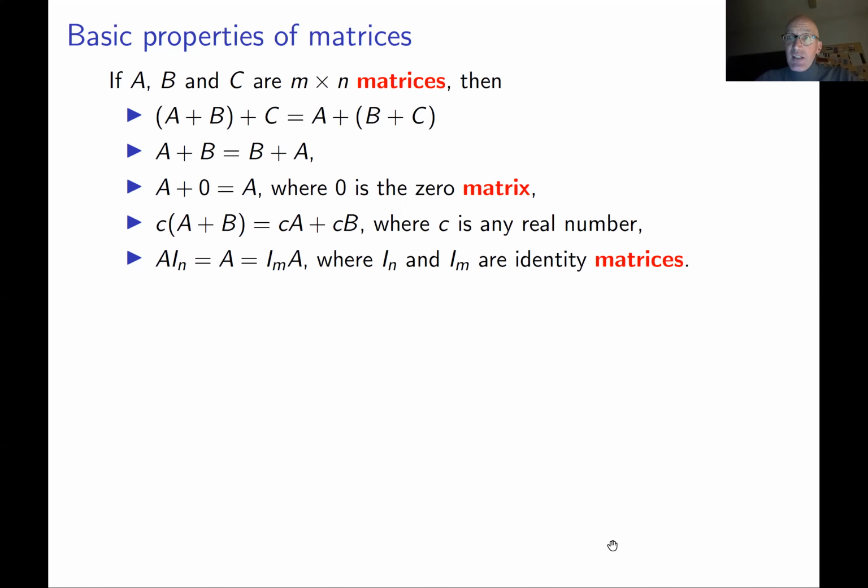It basically means it doesn't matter where we put brackets, in which order we add them: A plus B plus C, we can first add A plus B and then add C, or first add B plus C and then add A, it's going to be the same. Again, it follows immediately from the formula for the addition of matrices. But you have to check this. We don't have time to check this during this lecture, but you have to check this by yourself. It's a good exercise using only the formula on the previous slide.